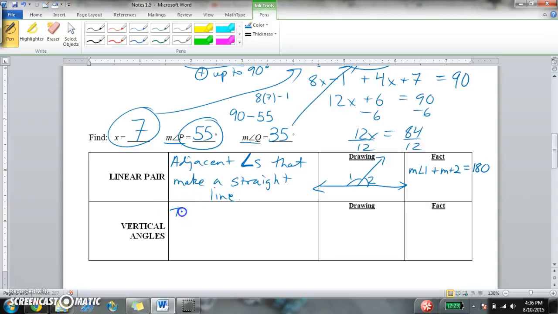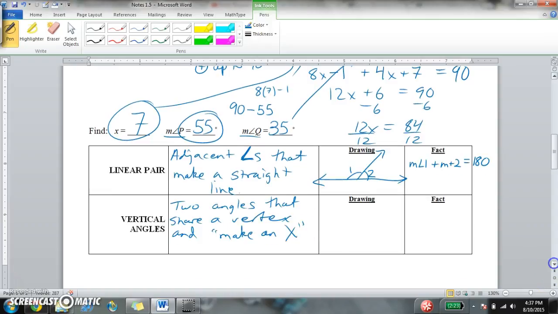Vertical angles, we're going to see this a lot. Vertical angles are two angles that share a vertex, and I'm going to put this in quotes, they make an X, and I'll show you what I mean by that. So the drawing of what this would look like is if I've got one line and then another line intersecting that line, and that creates four angles, 1, 2, 3, 4.